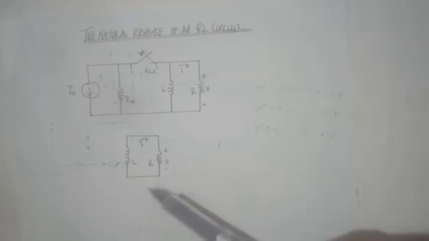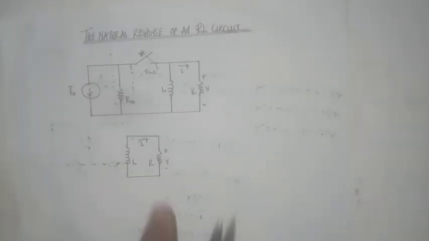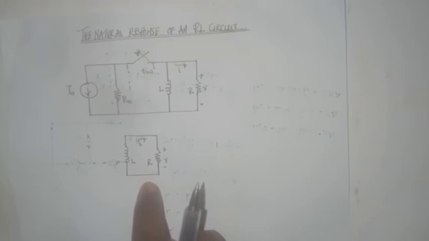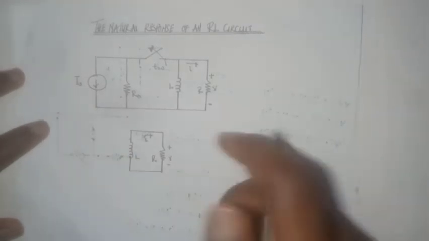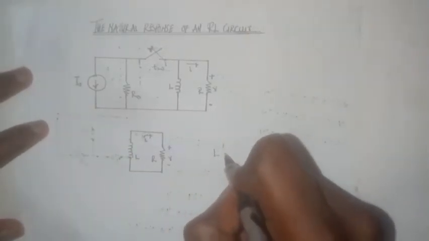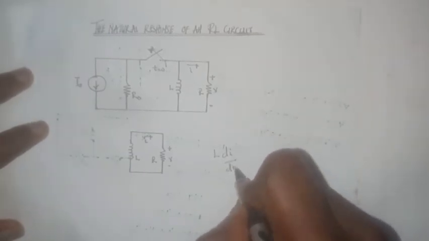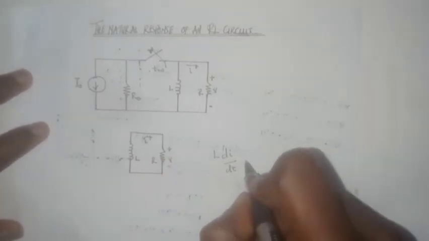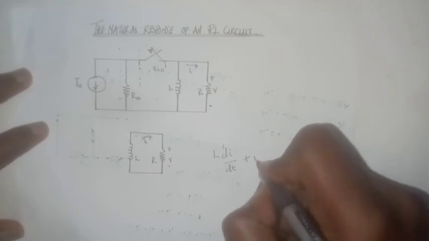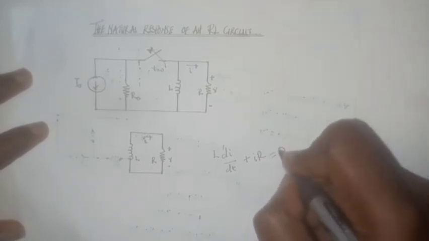So we proceed to draw out this portion of the circuit here, and by Kirchhoff's law we know that the sum of voltages in this loop is 0. The voltage in the inductor is going to be L di/dt, and the voltage across the resistor is going to be iR, and their sum is going to be equal to 0.